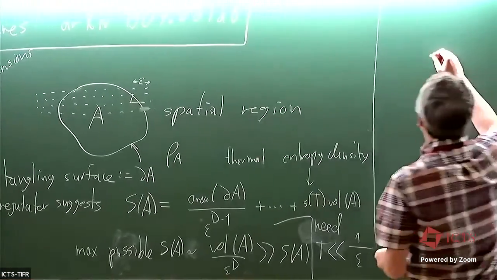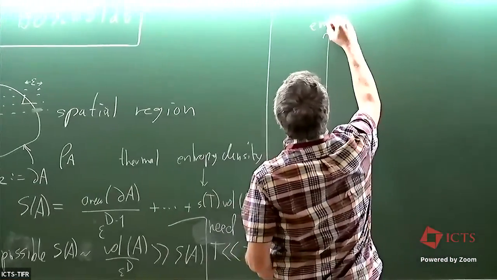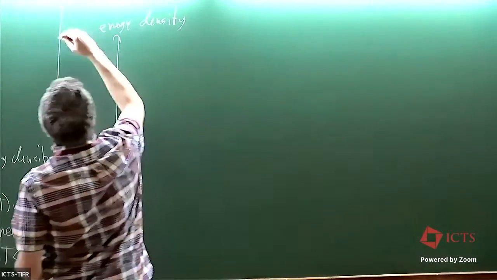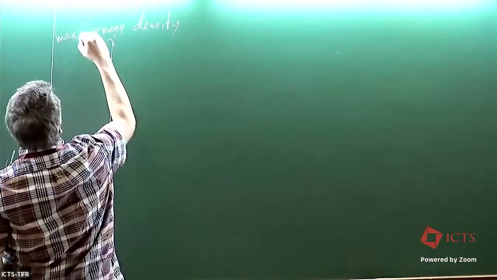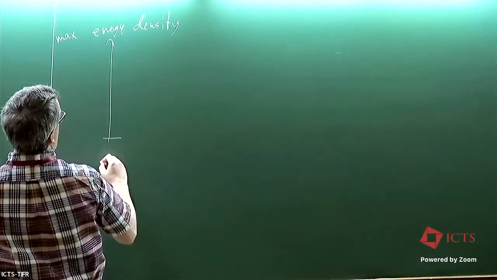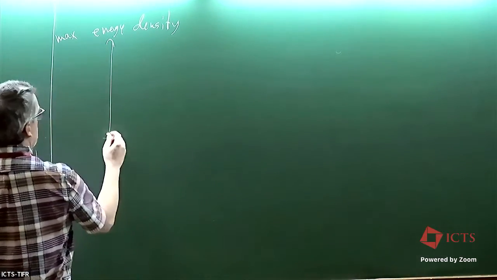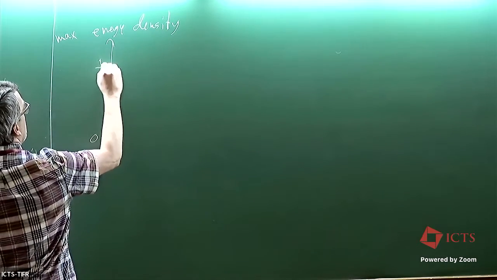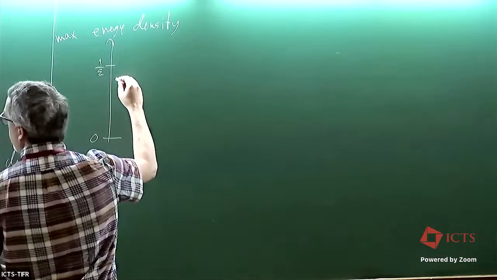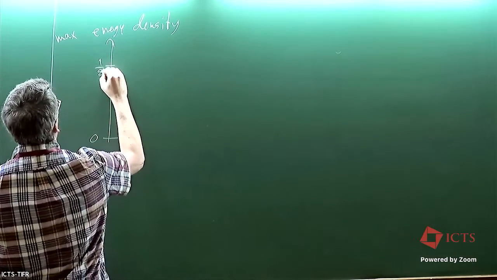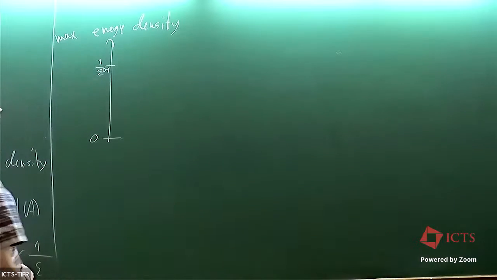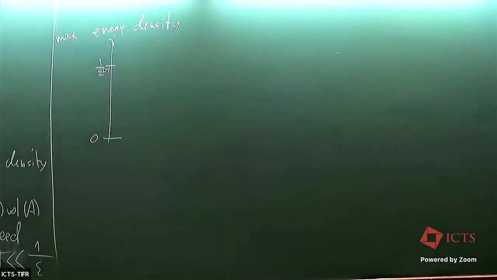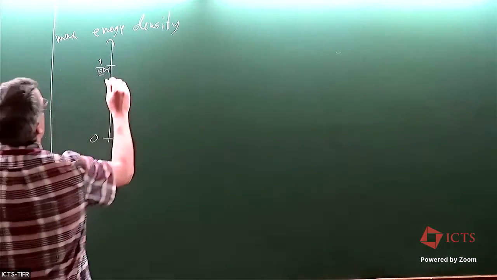So if I talk about the energy density, or maybe the maximum energy density, and if we normalize things so that the vacuum has 0 energy density, then there's some 1 over epsilon to the d minus 1, to the d plus 1, if it's an energy density.